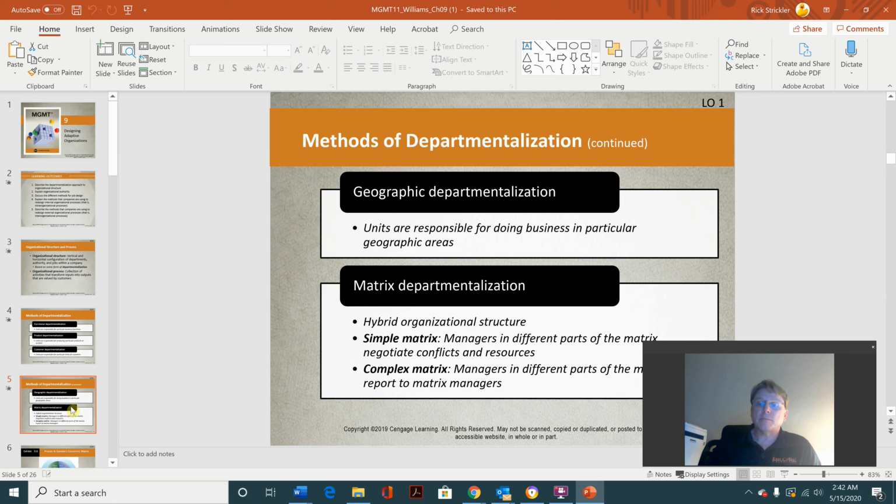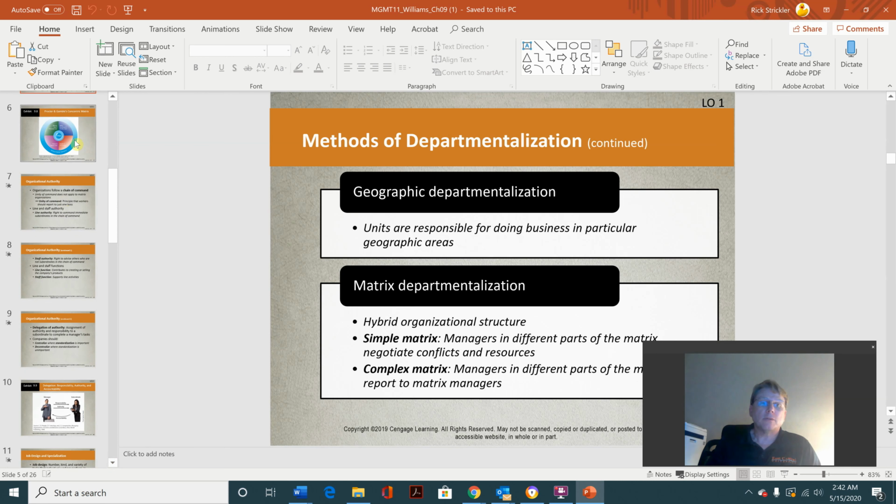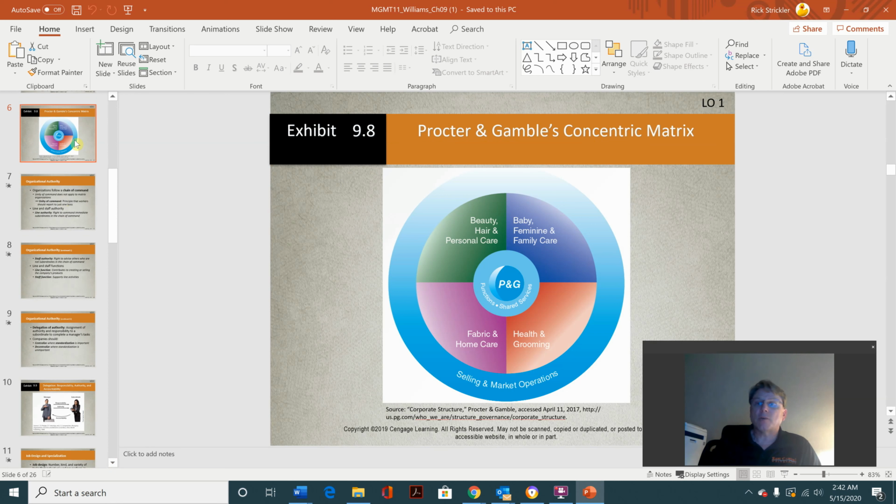And complex matrix: managers in different departments of the matrix report to matrix managers. So here's a little model of Procter and Gamble's concentric matrix. So it's by the type of product.